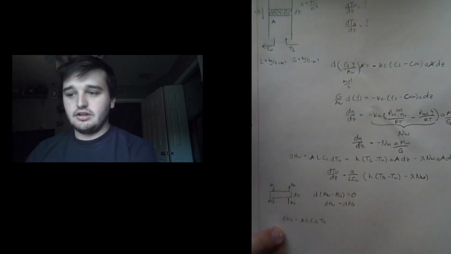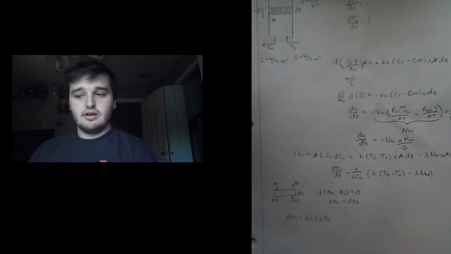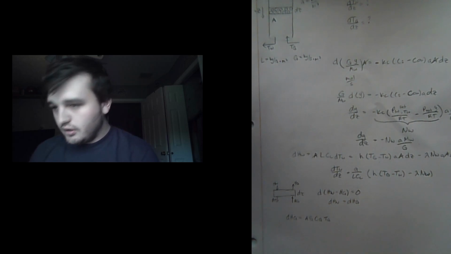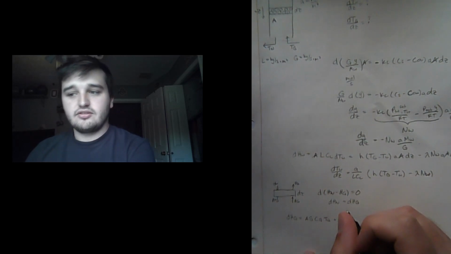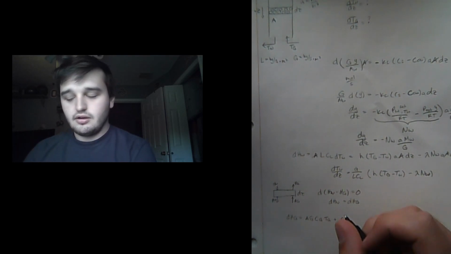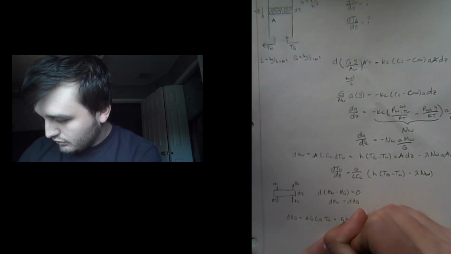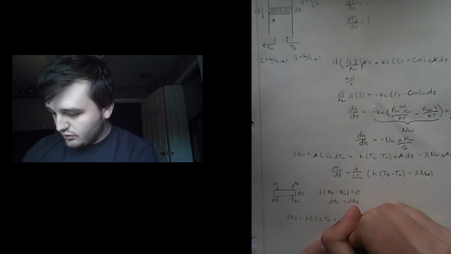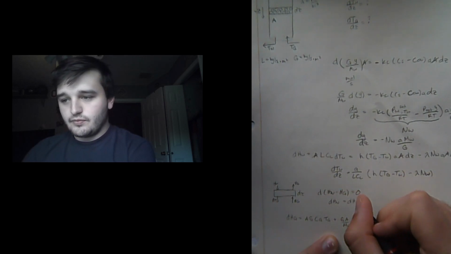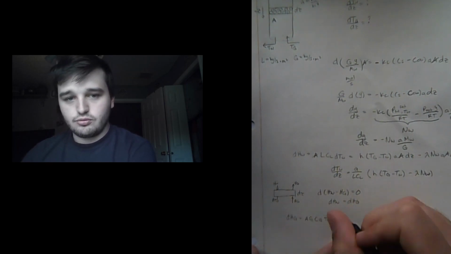Now we also need to account for the enthalpy of vaporization of the water. So we need to add the flow rate of the gas times the area, which gives us mass per second, so we need to divide by molecular weight to get moles per second.